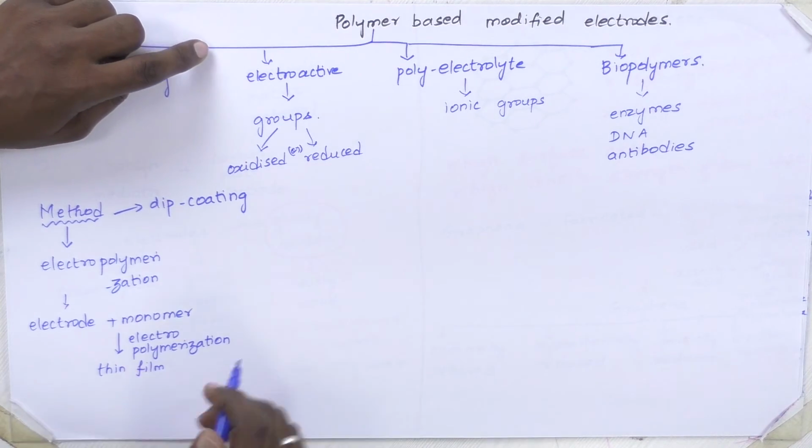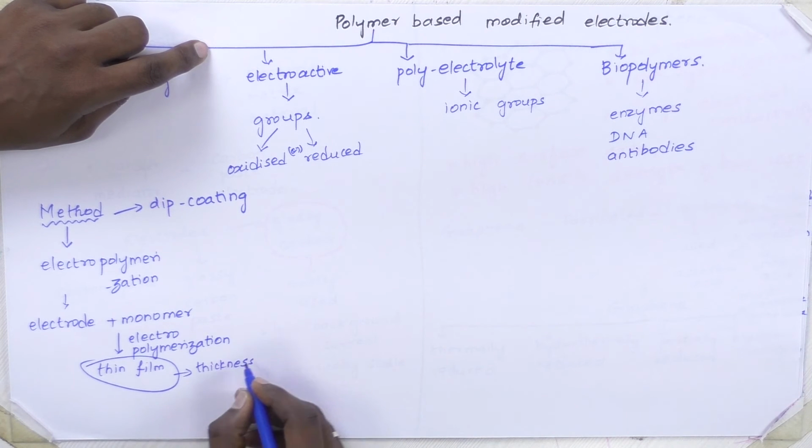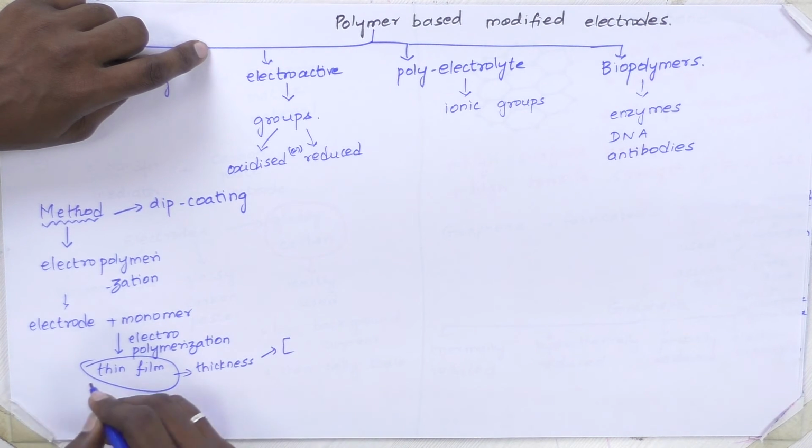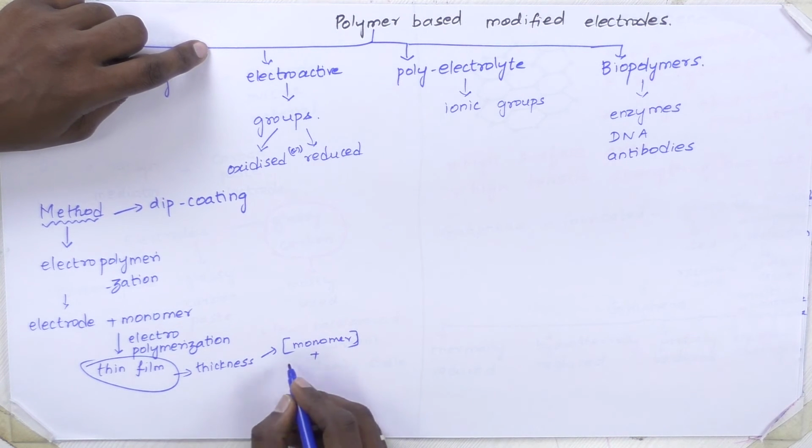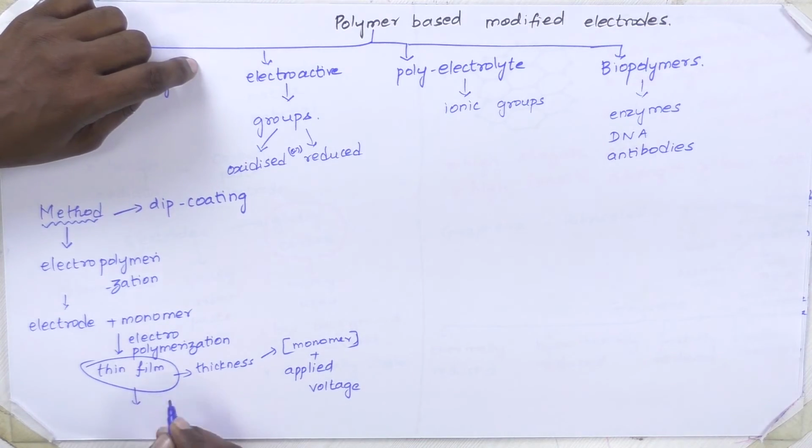The thickness of this thin film depends on the concentration of monomer and applied voltage. Once the polymer is coated as a thin film, we can dope ions for specific applications. The method is more specific as there is no need to evaporate the solvent present on the electrode surface.